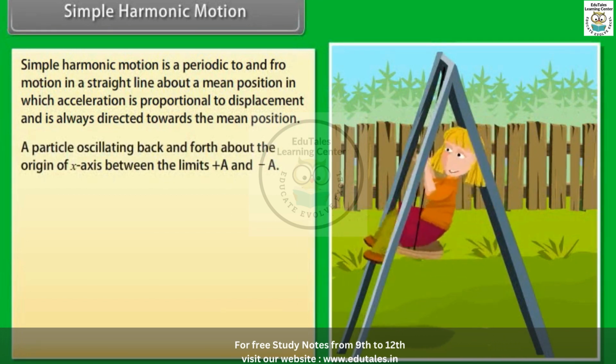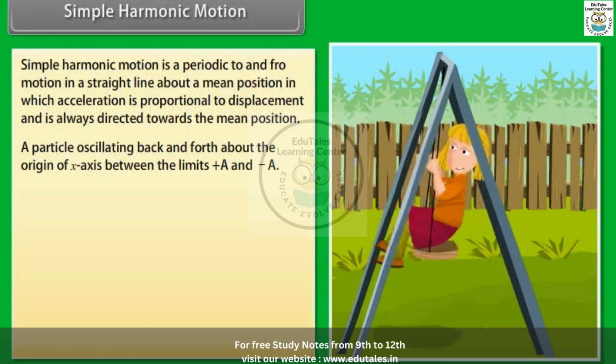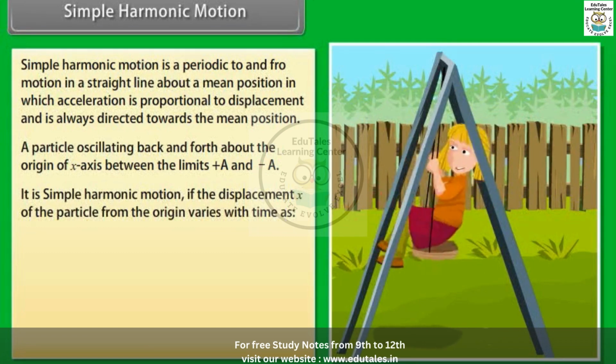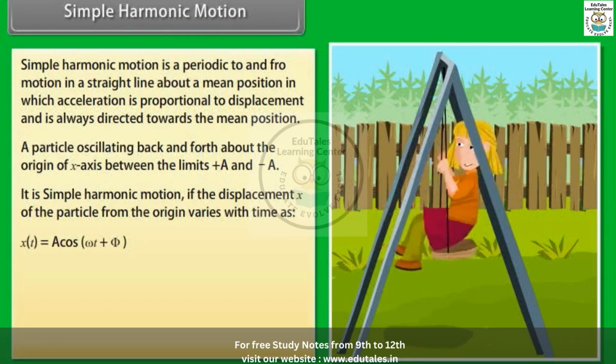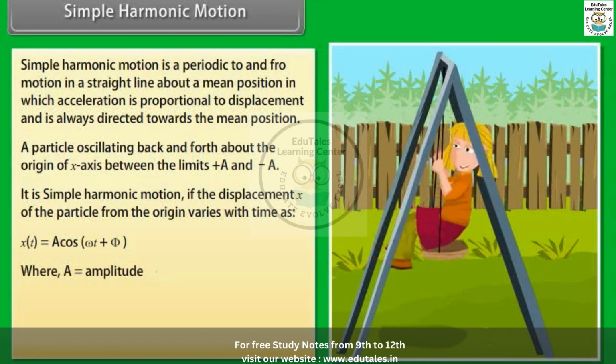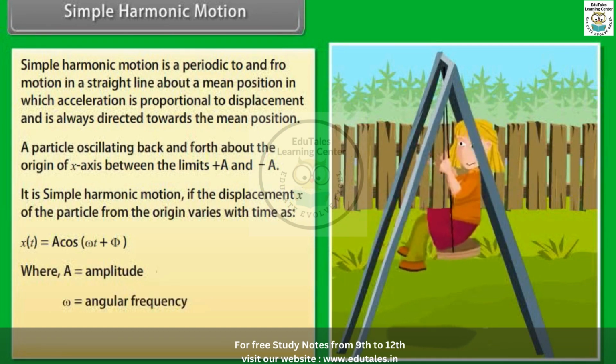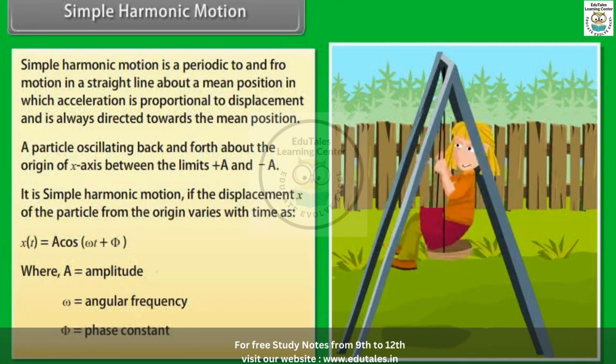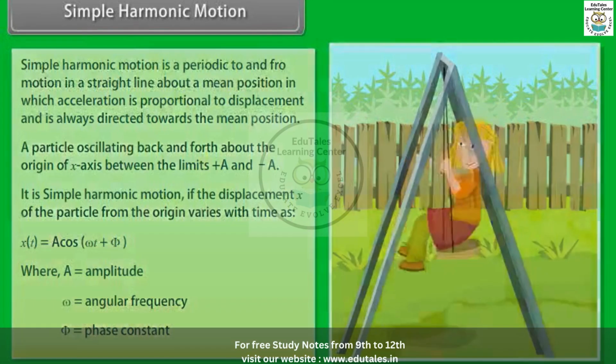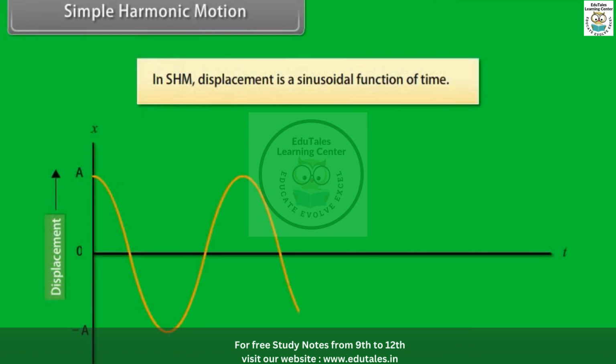Consider a particle oscillating back and forth about the origin of an x-axis between the limits plus A and minus A. It is simple harmonic motion if the displacement x of the particle from the origin varies with time as x(t) equals A cos(ωt plus φ), where A is amplitude, ω is angular frequency, φ is phase constant. In simple harmonic motion, displacement is a sinusoidal function of time.